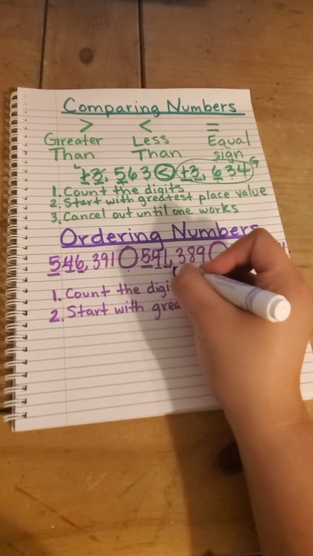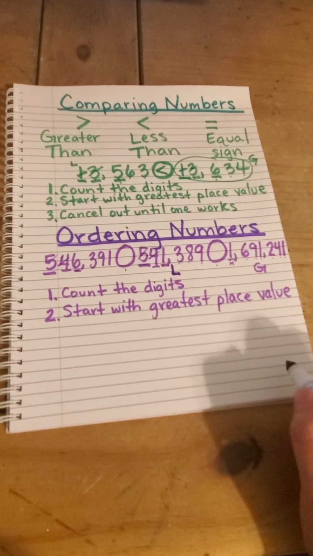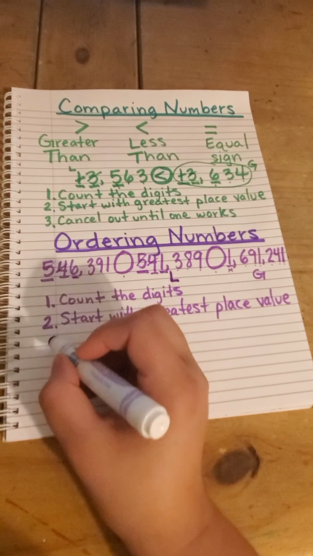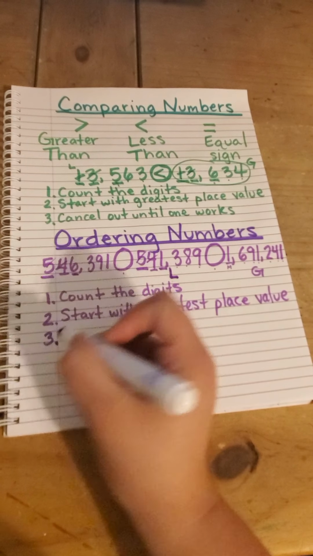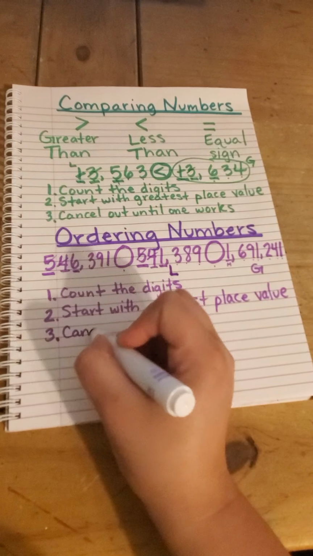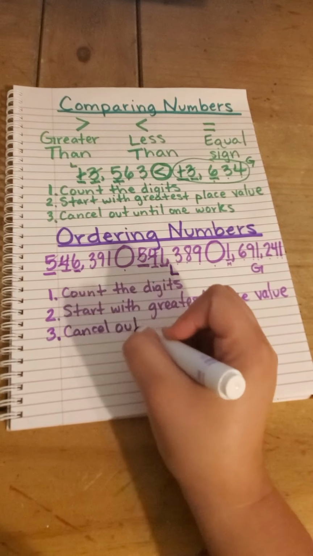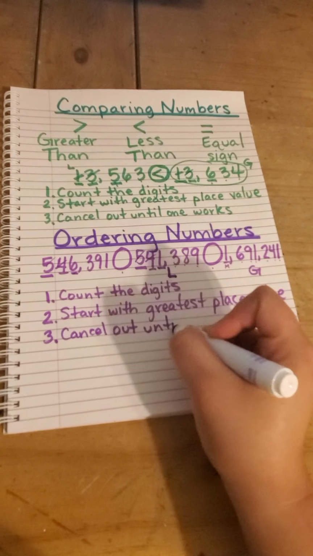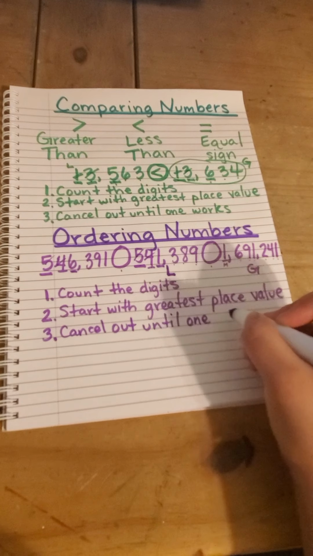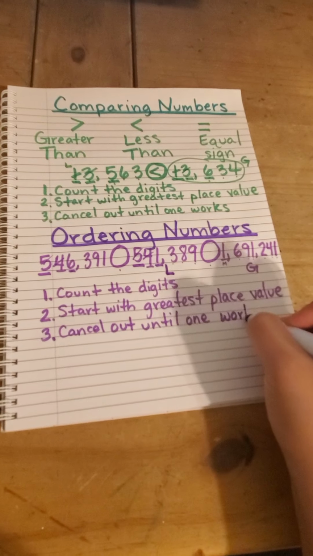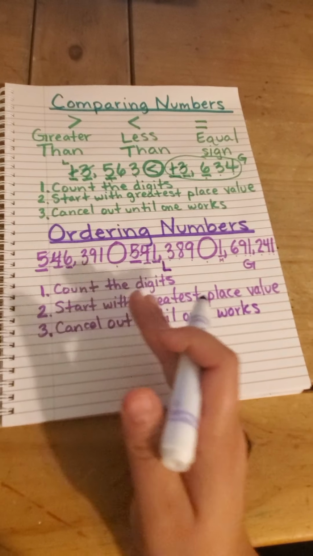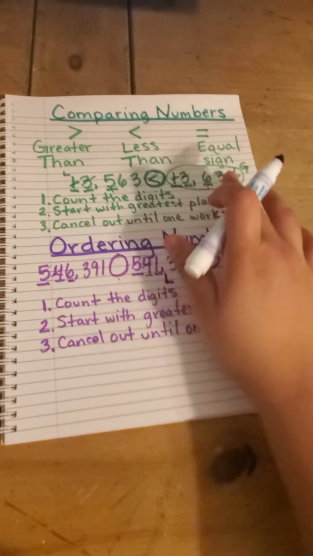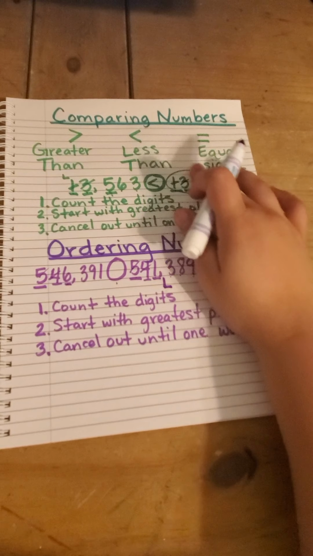So I'm going to label it as the least. So my third step, which we just did, was cancel out until one works. And if all of them are the same, then that's when we'll use the equal sign.